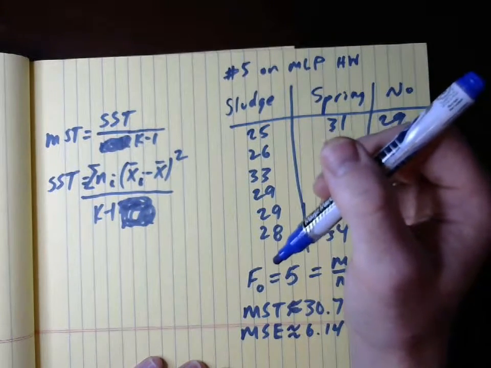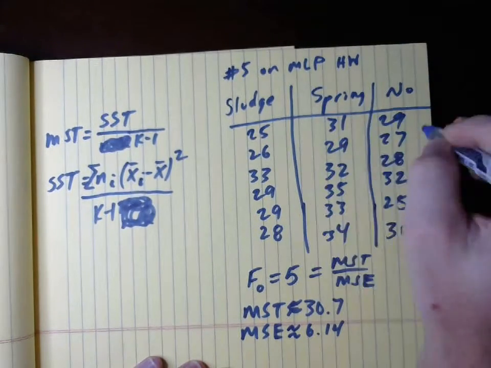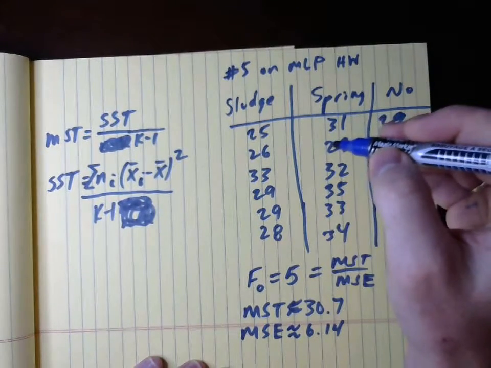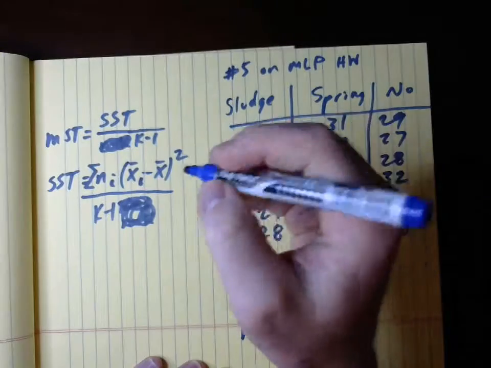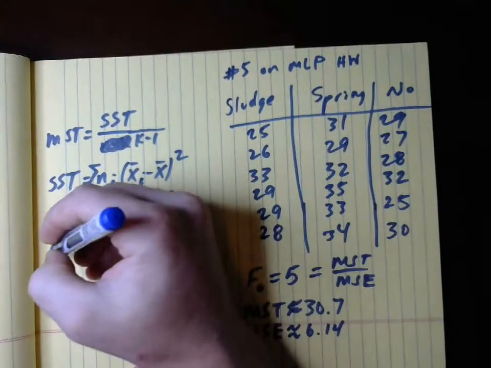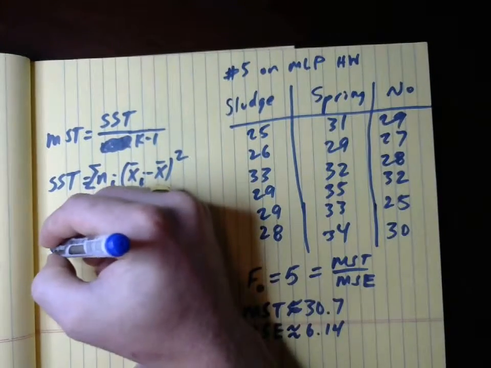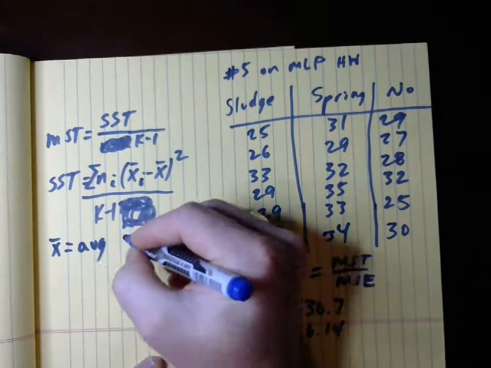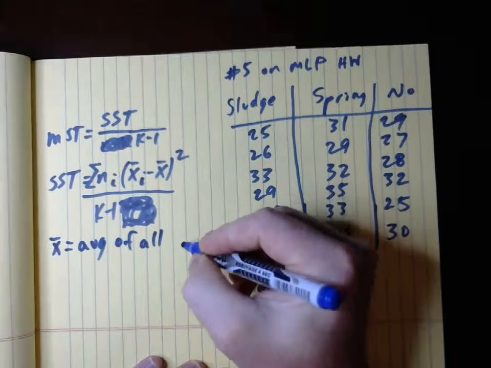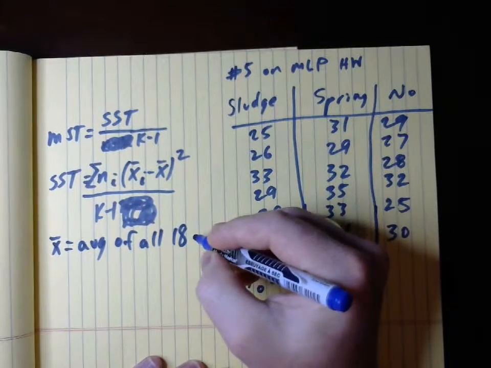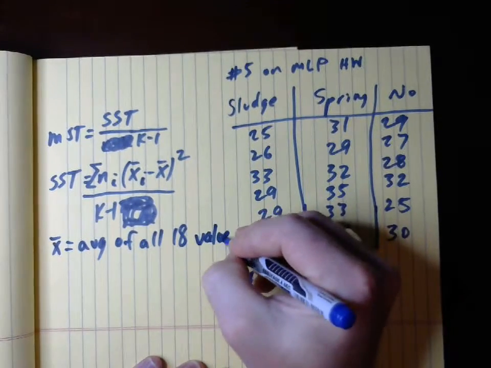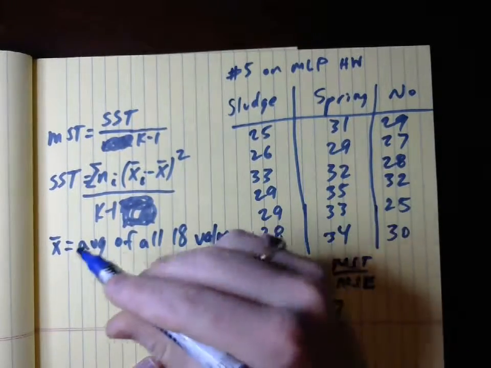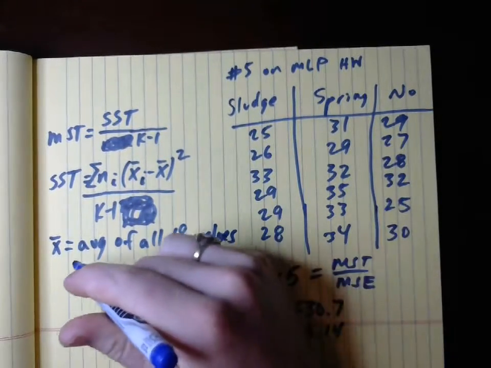We would add up every single one of the values here, and that's x bar. So I'll just say x bar is the average of all 18 values. All the values in all the sets, you just average them all out. That gives you x bar.